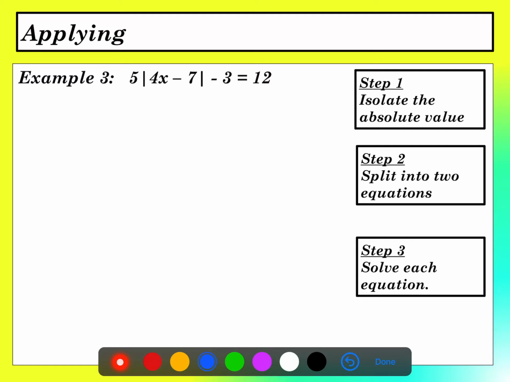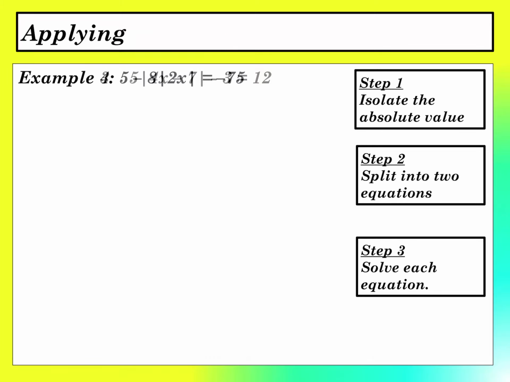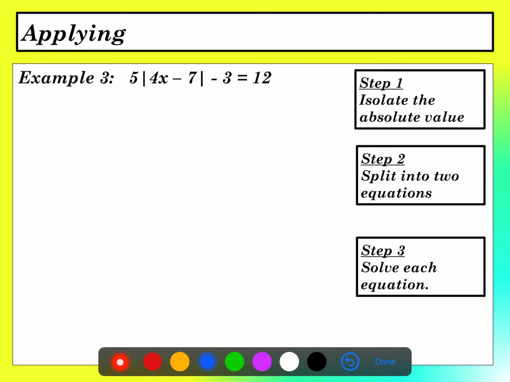Okay, so this one has 2 operations. There's a minus 3 on the end and there's a 5 in front. So if we remember to follow SADMEP, okay, we follow our steps for solving when we isolate. So subtraction and addition comes first, which means I'm going to add 3 as my first isolation step.